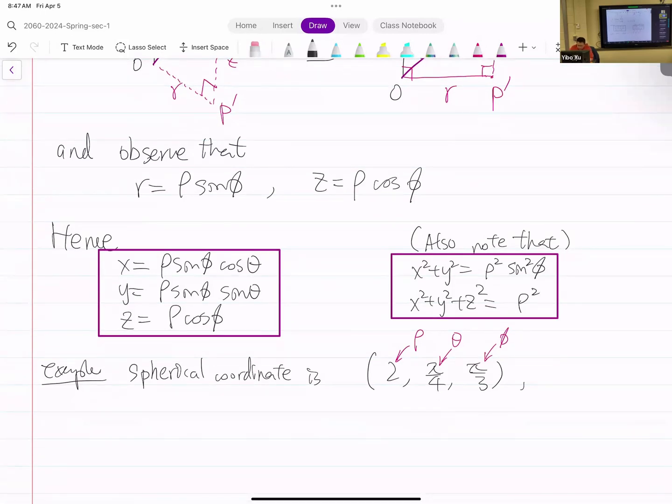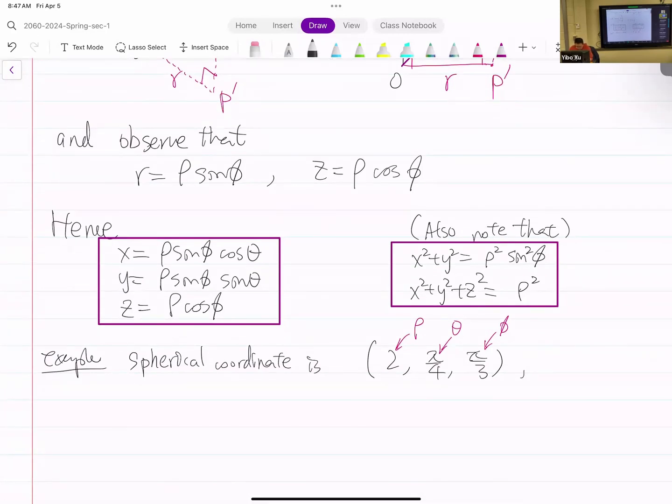Okay. So just utilize the formula from above that we'll be able to translate, so that the rectangular coordinate is the point (√6/2, √6/2, 1).